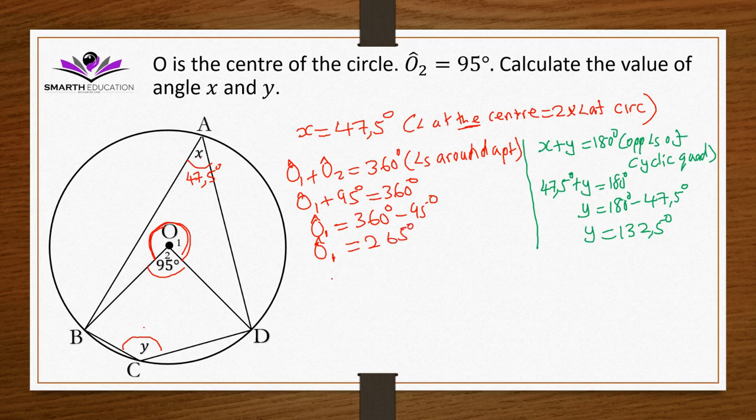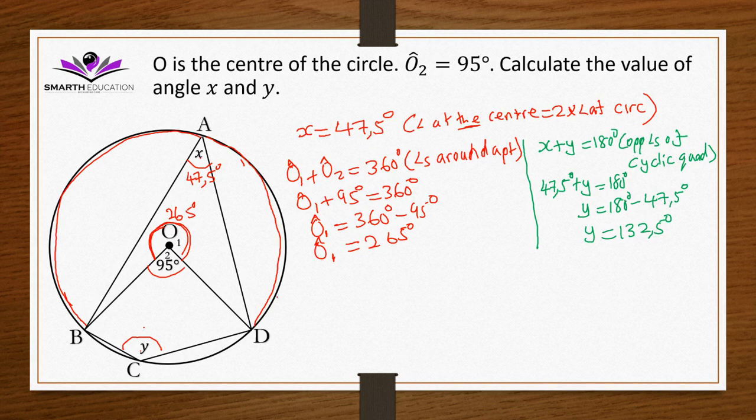So this one is 265 degrees. And then y is going to be half of 265, because it's the angle subtended at the circumference by the big arc BD. Let me try to draw this. This is the big arc BD, which is subtending angle O1 at the center and angle y at the circumference. So O1 is 2 times y. How do we get y?